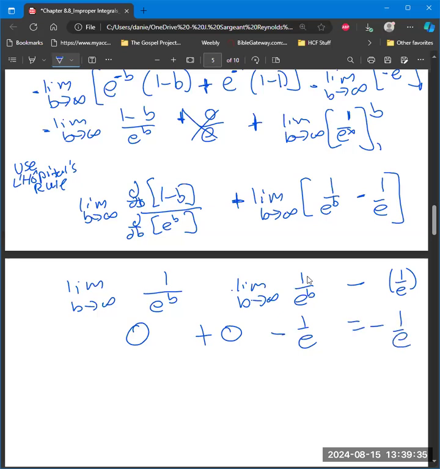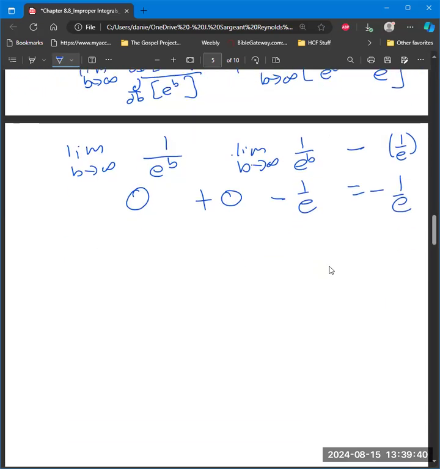My answer is negative 1 over e. So it is convergent.